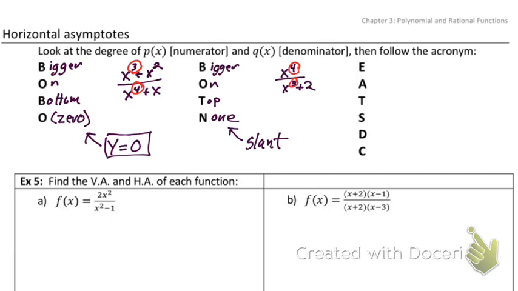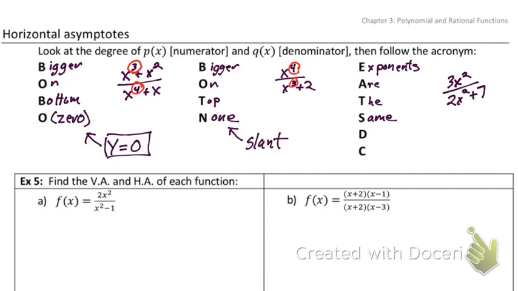The last one, eats DC. Eats DC. That is exponents are the same. So if your exponents are the same, my example of that might be 3x squared over, I guess, 2x squared plus 7.